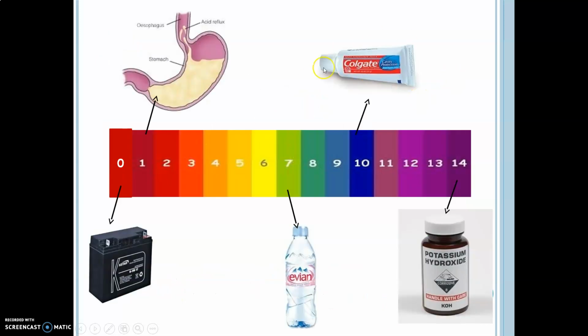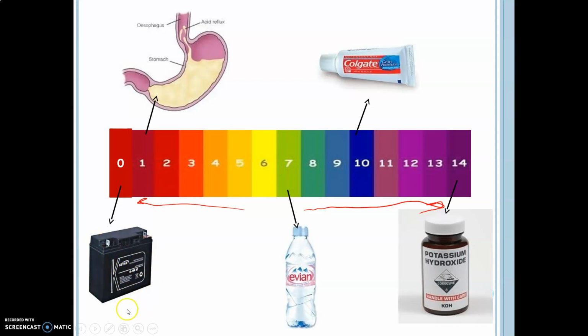Here is an example of different acids and bases according to the pH scale. Do you remember? Yes, this is the stomach. This is the hydrochloric acid in your stomach. It is a very strong acid because, do you remember, we said as we go from 7 to 1, acidity increases, going from 7 to 14, basicity increases.